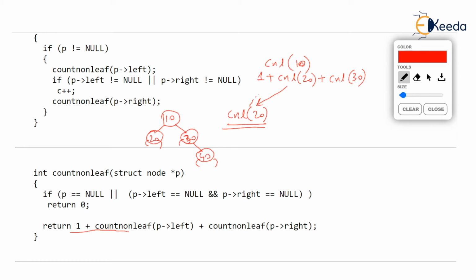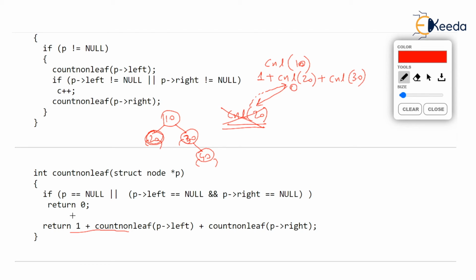Are you understanding? It's going to return 0 because it's a leaf. Very early in the function, we have checked if we are at a leaf node, then return 0. So count non-leaf 20 ends, correct? Returning 0 at the call.